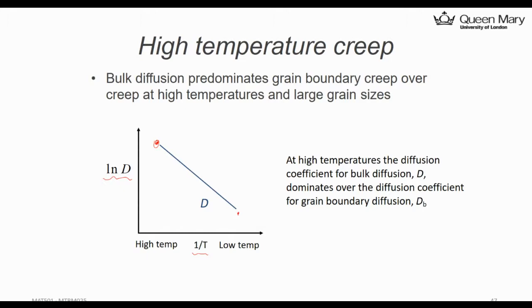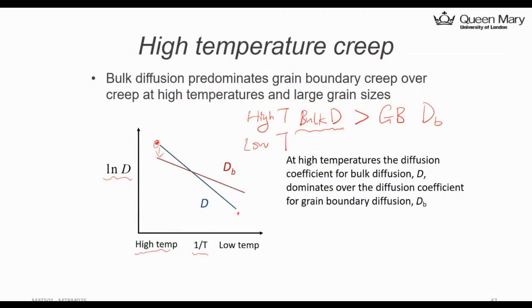One is the bulk diffusion, D, and the other is the grain boundary diffusion, DB. If you compare the curves, you will see at high temperature, the bulk diffusion will predominate, will be larger than your grain boundary diffusion, high T, because on the left is high temperature.